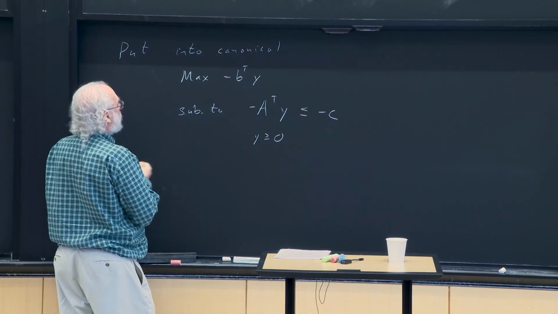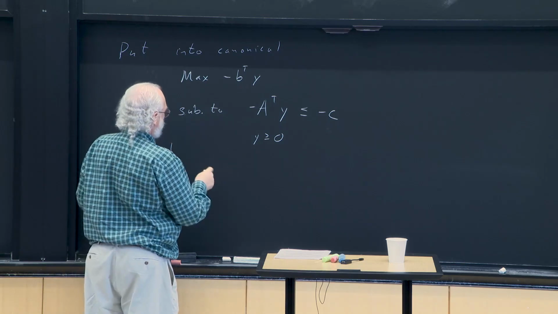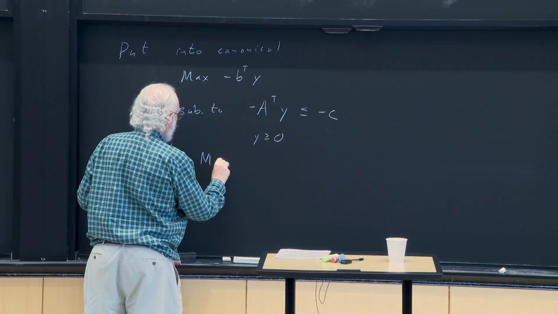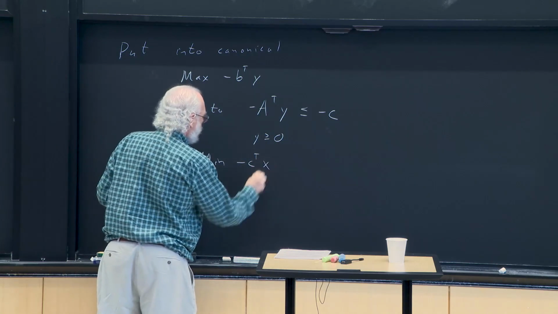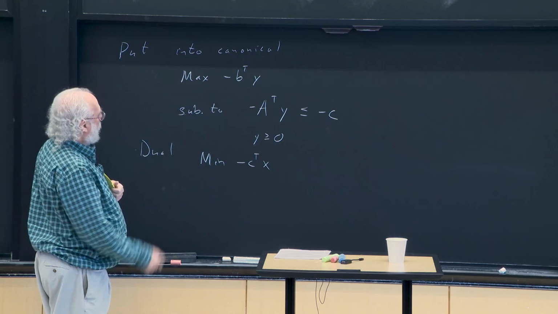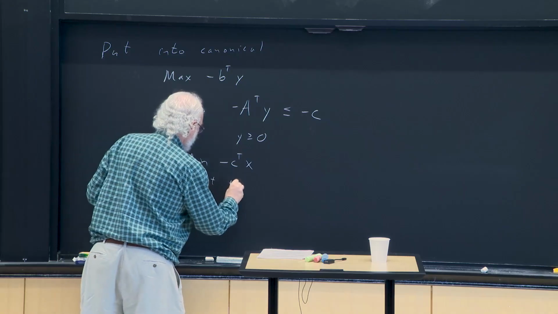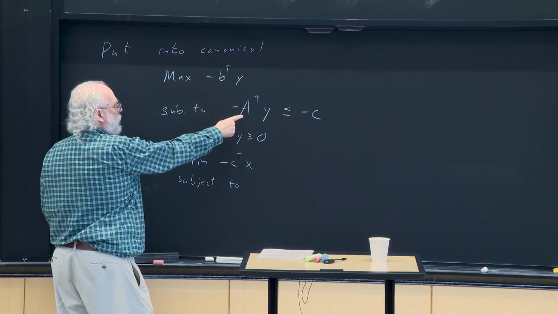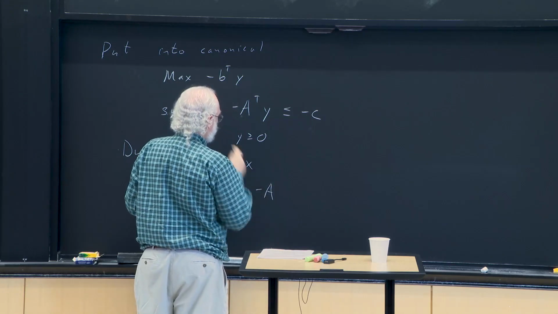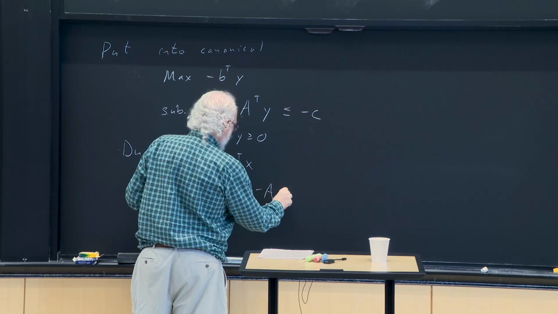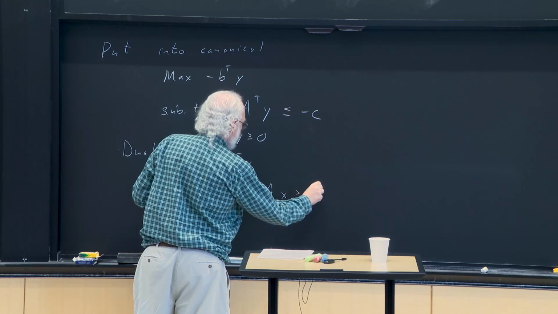So the dual is the minimum of minus C transpose X, subject to, okay, we need to take the transpose of this. That gives us minus A x greater than or equal to minus b.